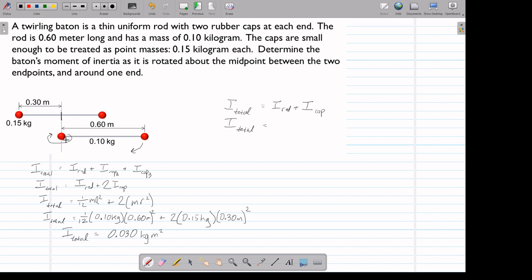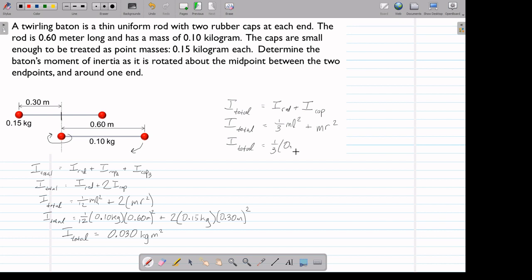This time we are not spinning the rod around the midpoint, we're spinning it around one of its endpoints, so we have to use a different formula. It's not 1/12 mass times length squared, it is 1/3 mass times length squared. Again, if you consult your cheat sheet, you'll see how this works. Plus, the end cap is a point mass, so it is m times r squared.